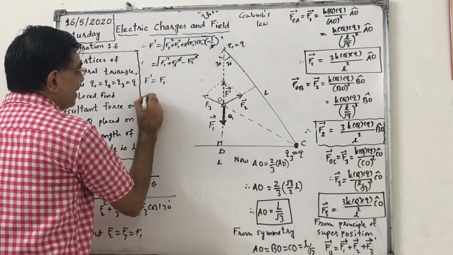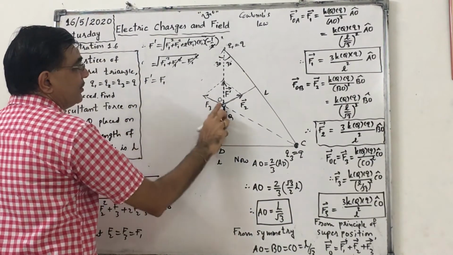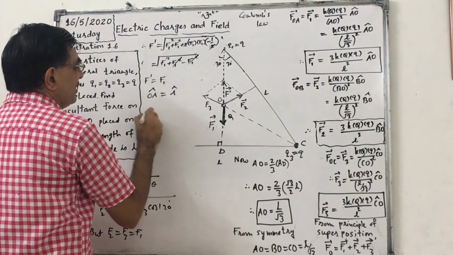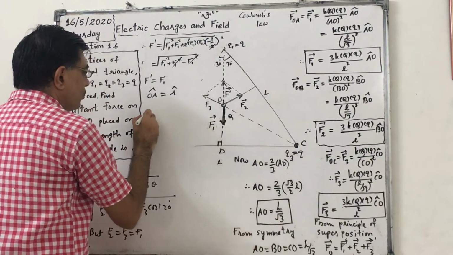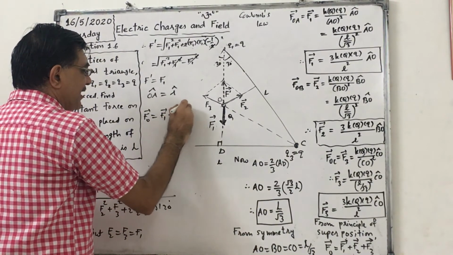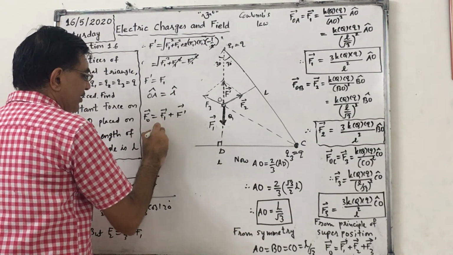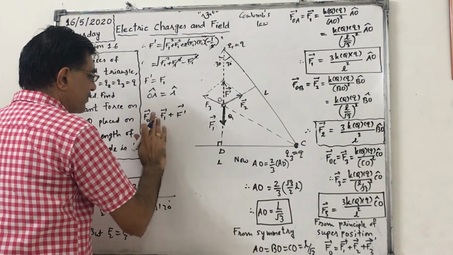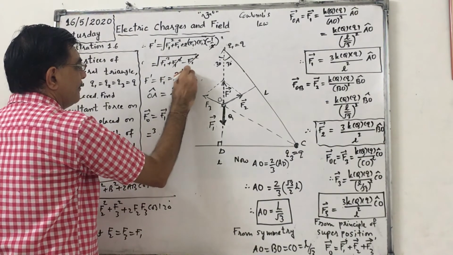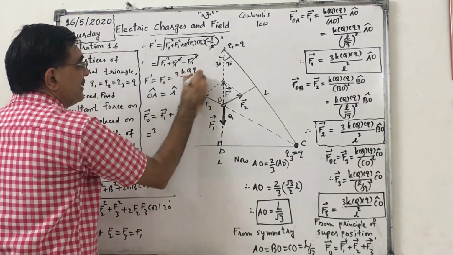Taking the direction OA cap as r cap, F at O will be equal to F1 plus F dash, where F1 has magnitude 3 K Q q upon l square.